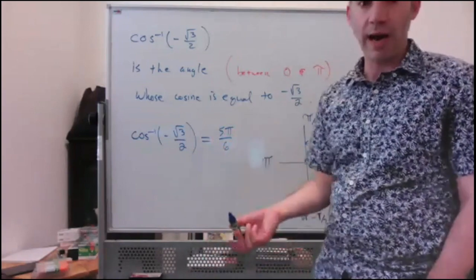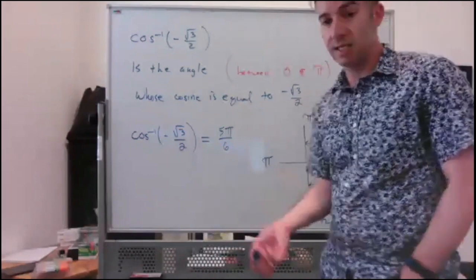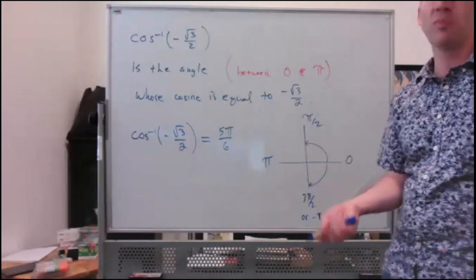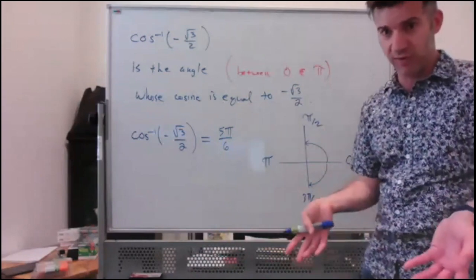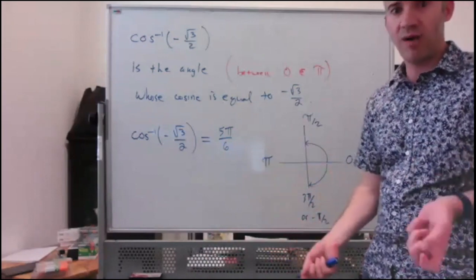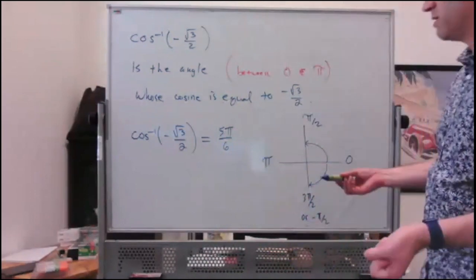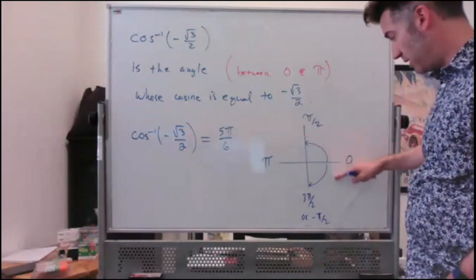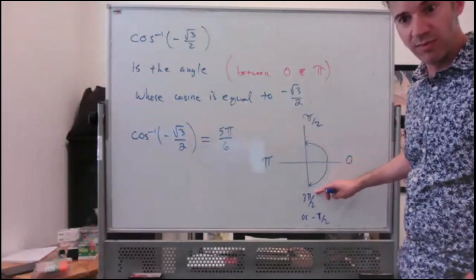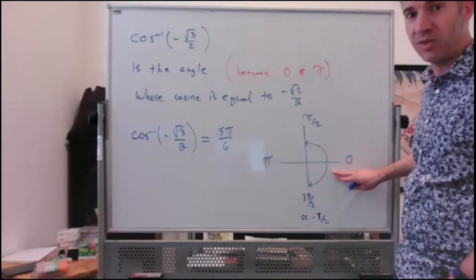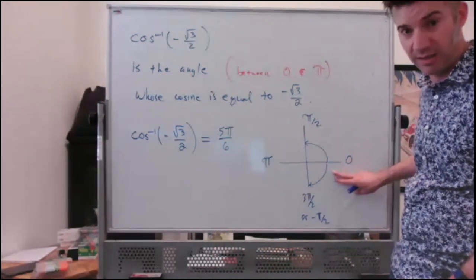So here's why the inverse cosine function isn't defined between negative pi over 2 and pi over 2. It would be lovely if it was, right? It would be super great if all of the inverse trig functions had an output between negative pi over 2 and pi over 2. The problem is inverse cosine of a negative number can't be an angle from 0 to negative pi over 2, because that is quadrant 4, and cosine of an angle in quadrant 4 is going to be positive.